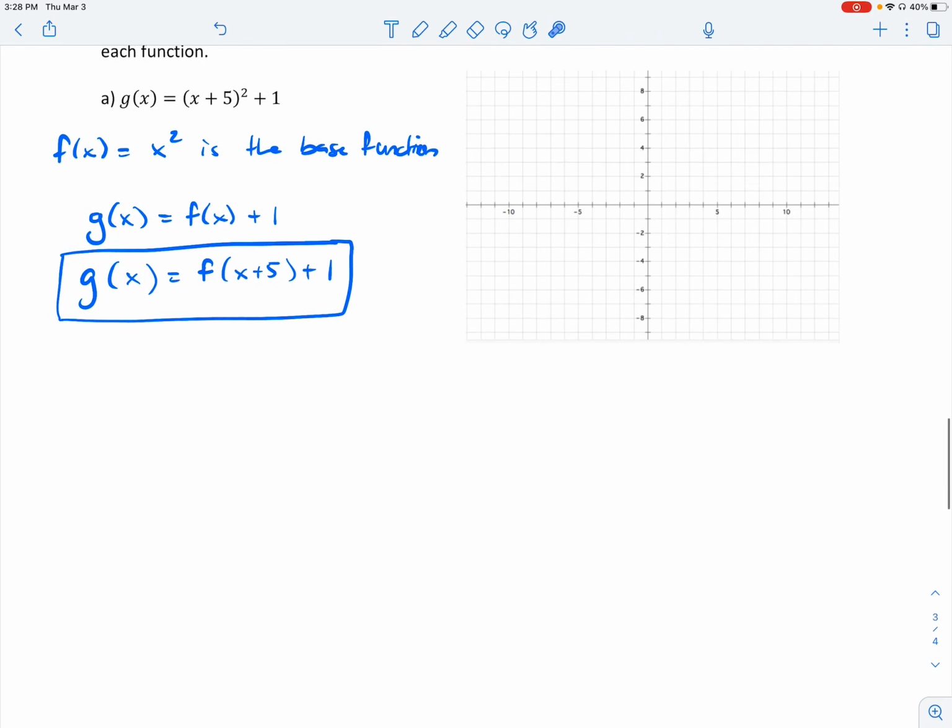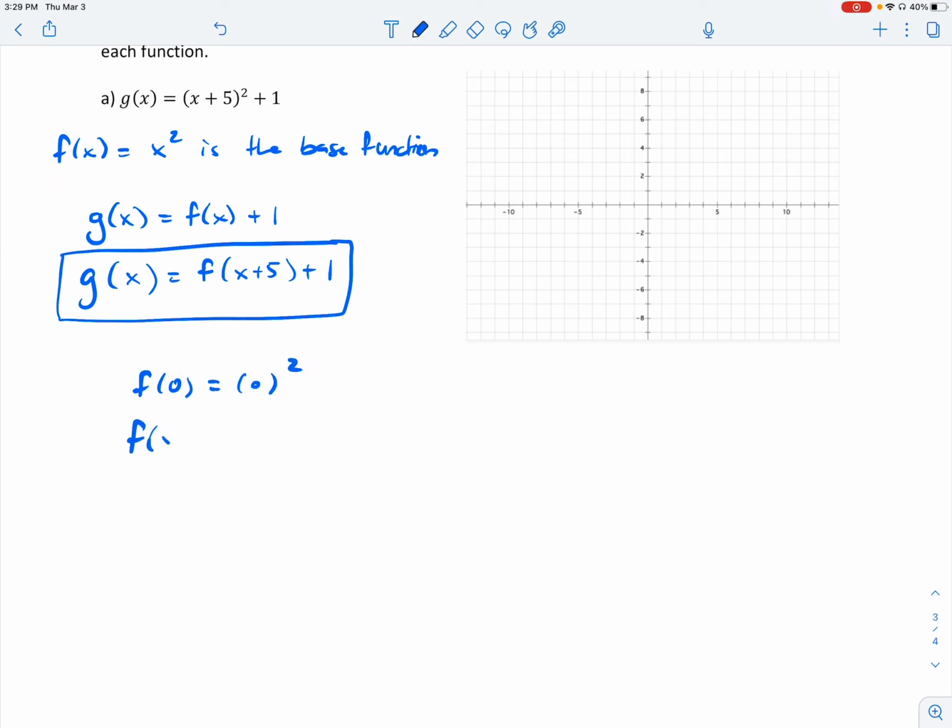One way to also verify this is to actually do this to the base function. What do you mean, do this to the base function? Well, if you remember when we wanted to evaluate f of 0, we would go to our f of x and take that 0 and plug it in, and we would evaluate it. We would say it's 0 squared.